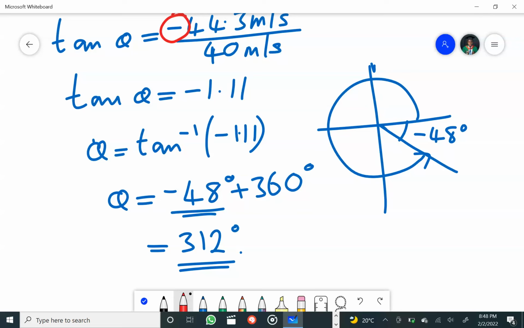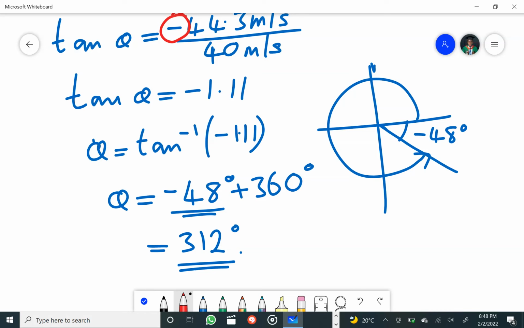So when I write all the answers as positives, I get tan inverse of 1.11. Okay, so that's going to be about 48, right? So I'm now getting a positive answer.